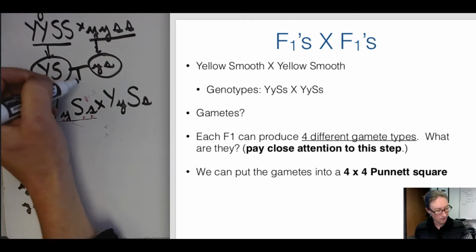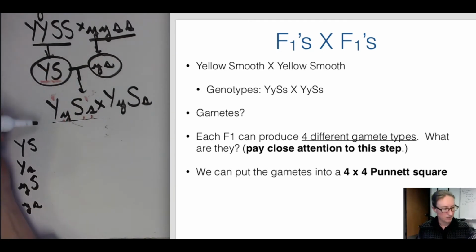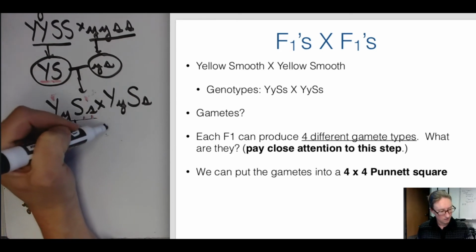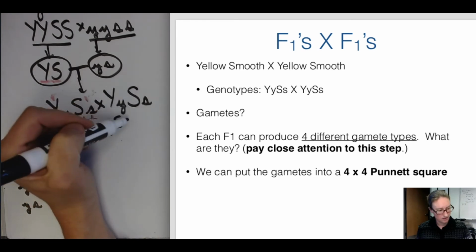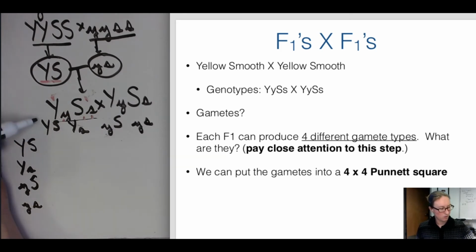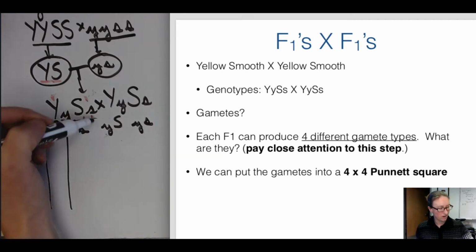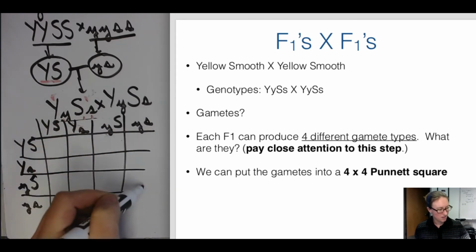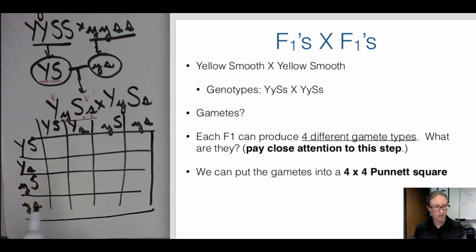So for the second parent here, same possible combinations. Big Y, big S, big Y, little s, little y, big S, little y, little s. So, after having considered our gametes, what we've done here is we have come up with a 4x4 Punnett square.